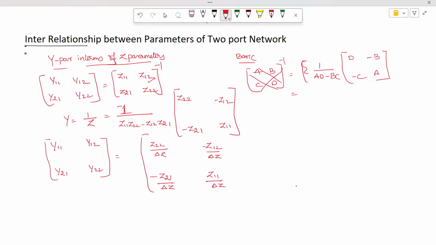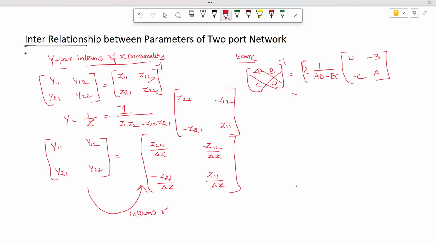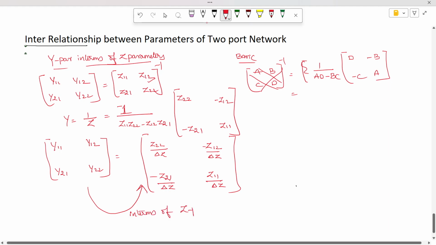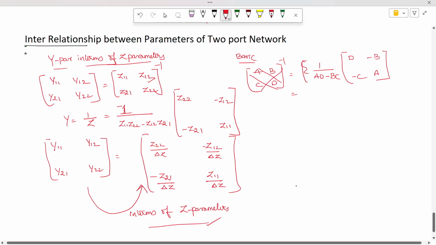So this is the ultimate conversion of y parameters in terms of z parameters.